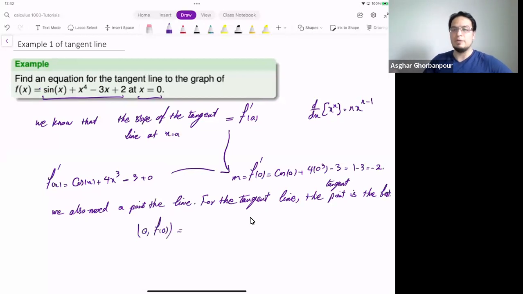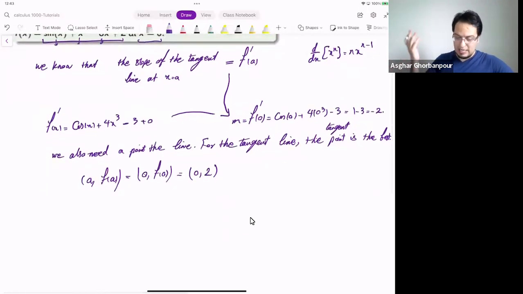That's a, f at a. F at 0: sine 0 is 0, 0 to the power 4 is 0, 3 times 0 is 0, plus 2, so that is the point 0 and 2.